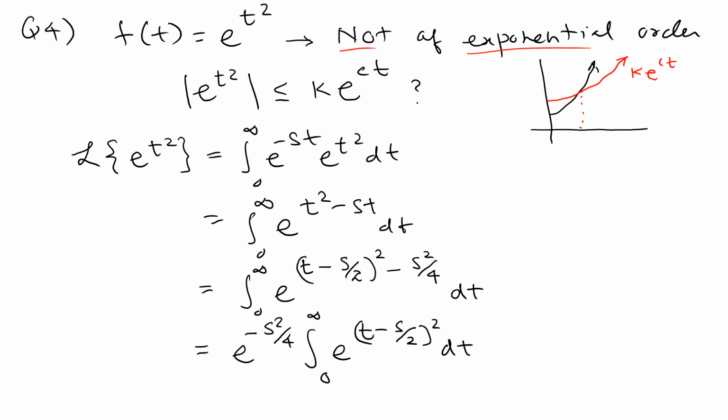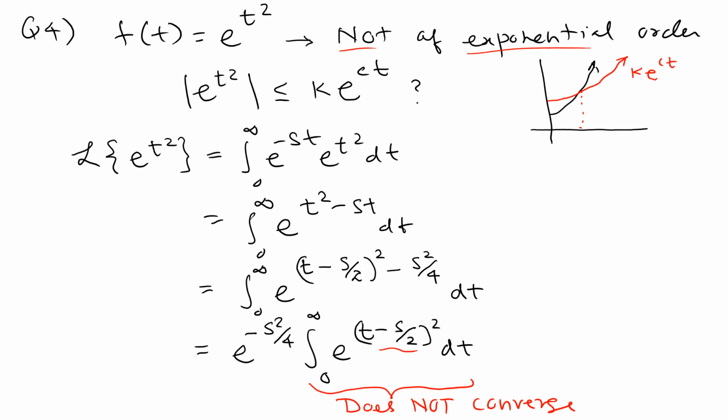Now the problem is, you can see this integral does not converge. The reason is that it is like e to the t squared with just a shift, which doesn't change much.